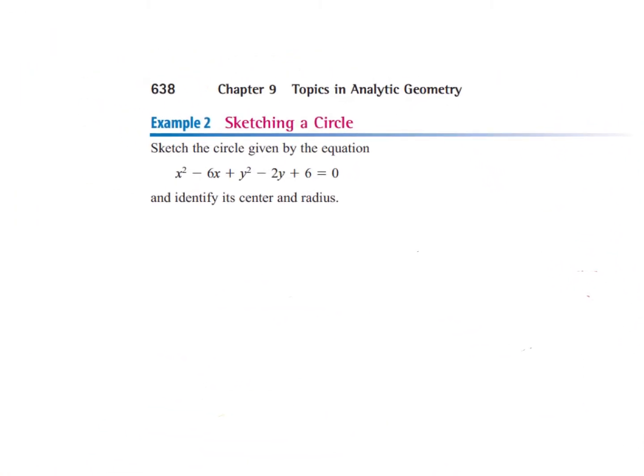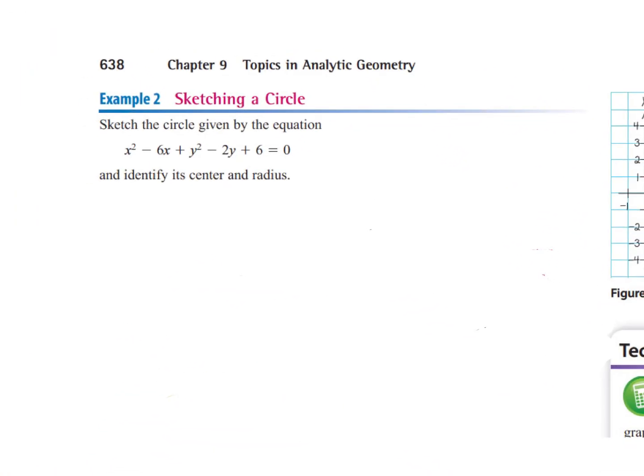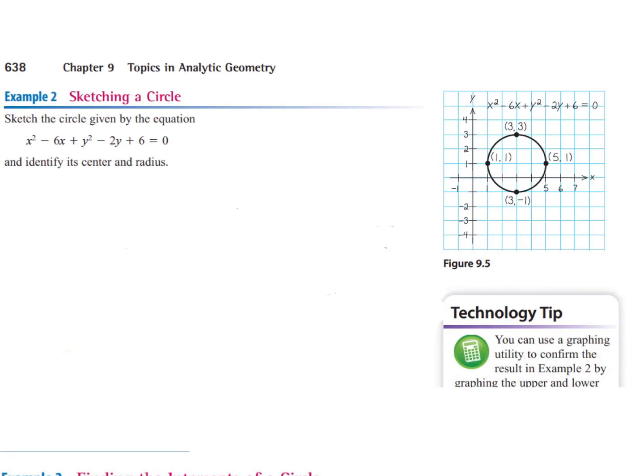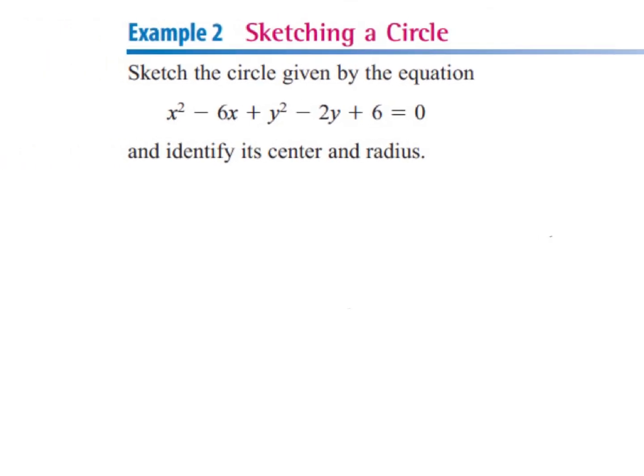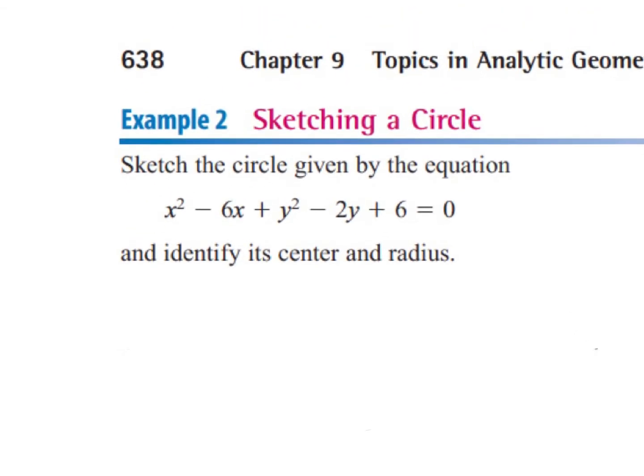Example 2. Sketch the circle given by the equation and identify its center and radius. It actually already sketched it for us on the side there, but we want to put this equation into our standard circle equation form.